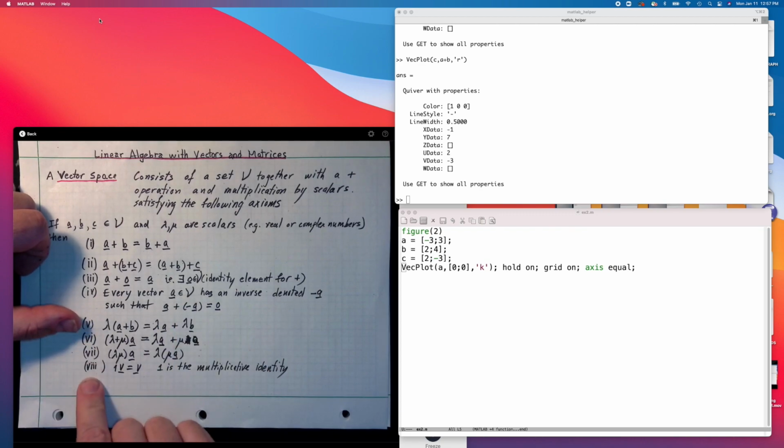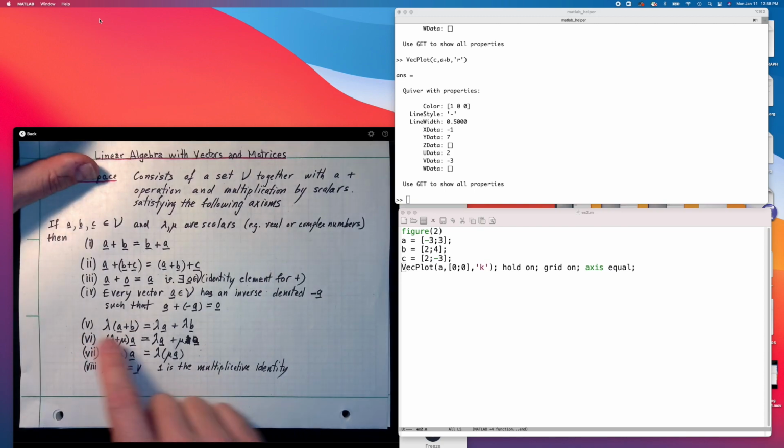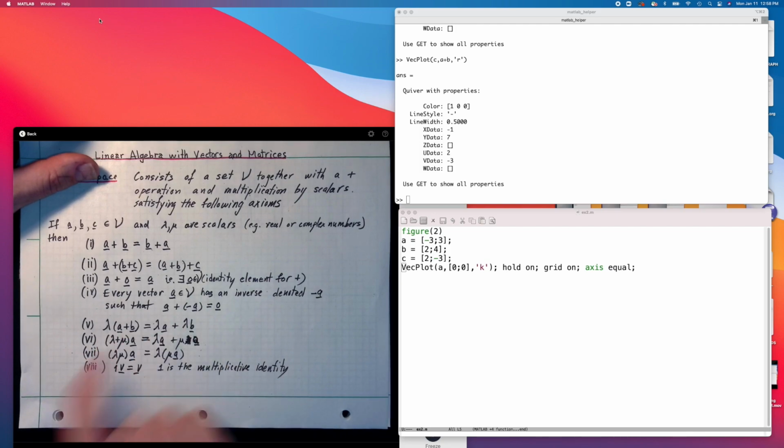We also have these axioms that relate to multiplication by scalars. So if lambda is a scalar, just a real number or a complex number, and we multiply that to the addition of two vectors. So if we first add a plus b, then scale it by lambda, it's the same thing as first scaling a and scaling b and then adding the results. So that's the distributive law of scalar multiplication.